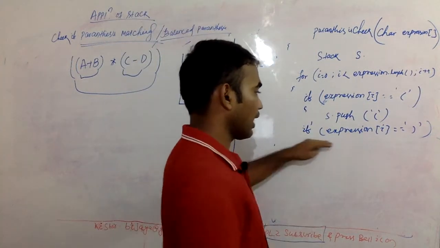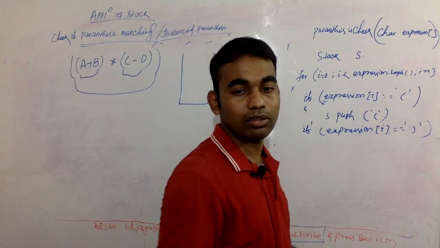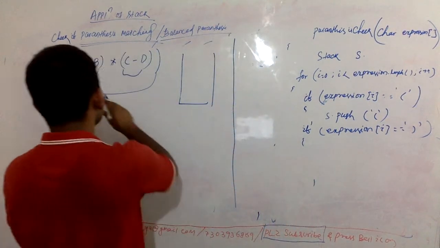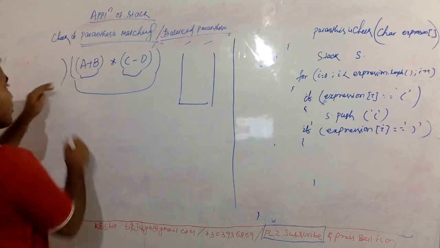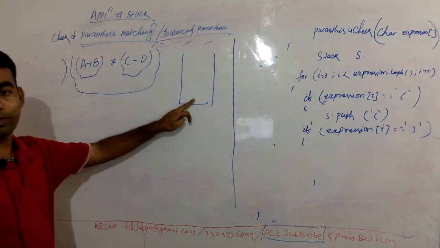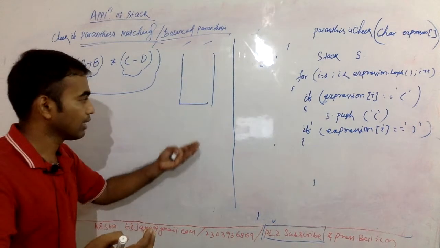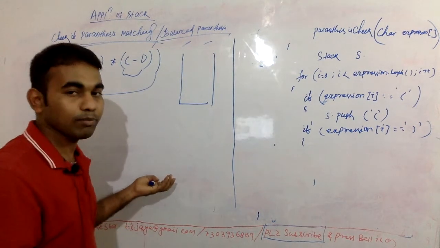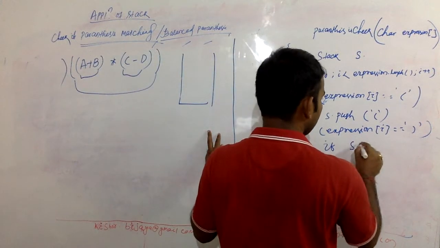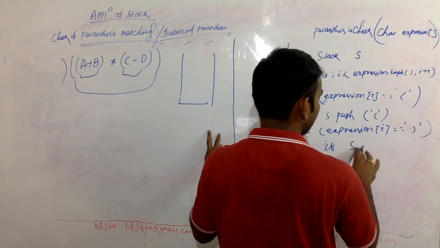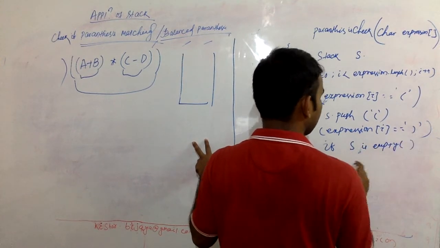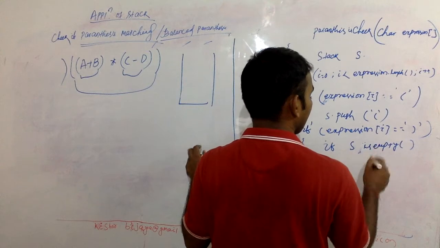Okay. So before that, if a right parenthesis is coming, think about this situation: suppose initially a right parenthesis is coming, but there is no left parenthesis. You can immediately say that this is a mismatch, right? So you can check if the stack is empty, you can write a method S dot is empty, or is empty.